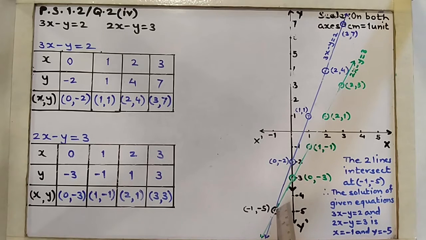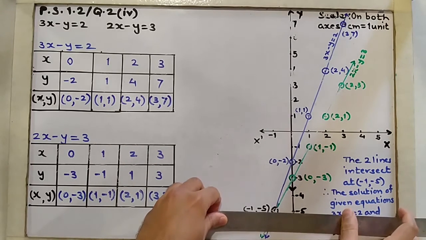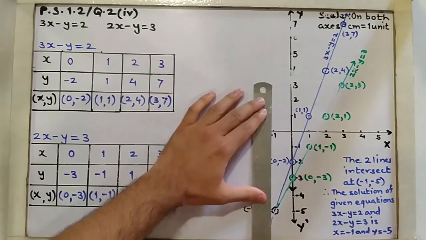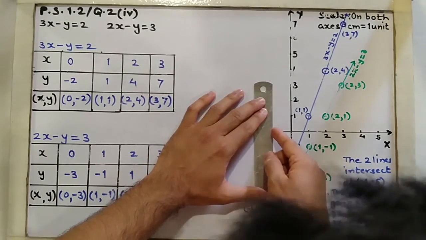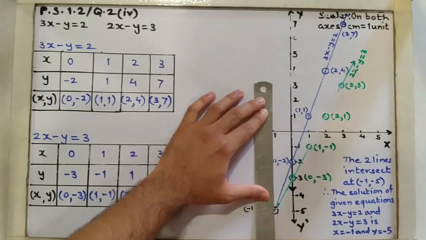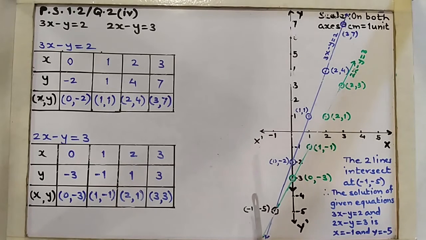This point is -1, -5. You can clearly see that they are intersecting at -1, -5, which means the x coordinate is -1 and the y coordinate is -5.